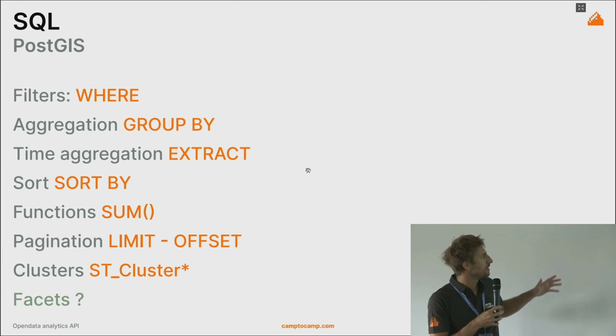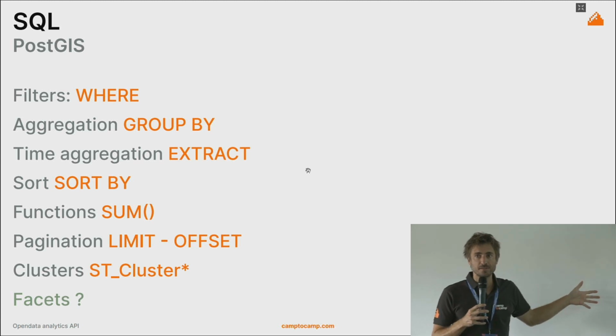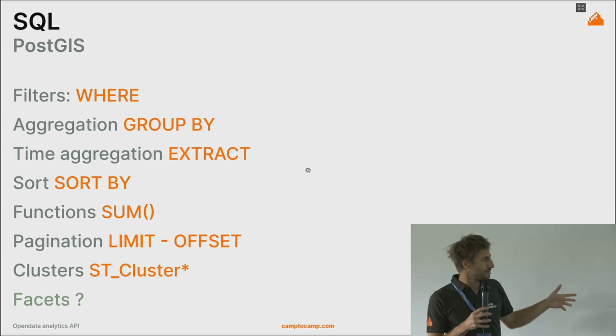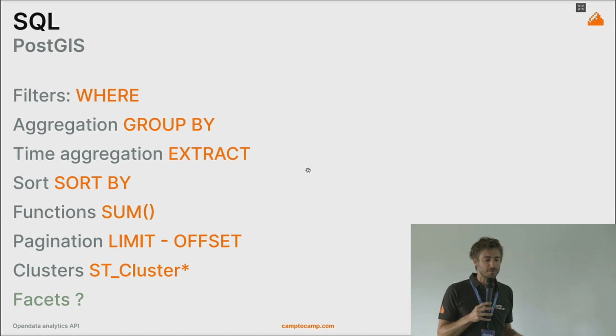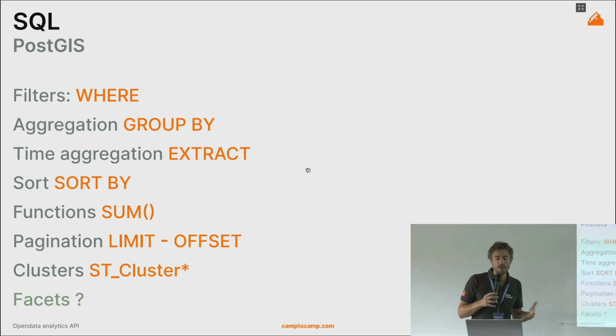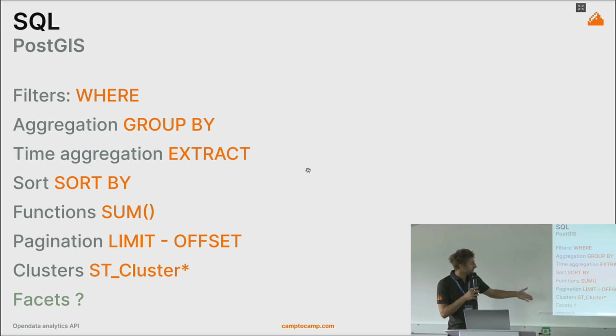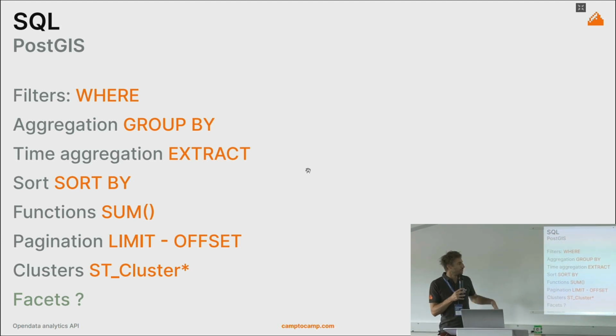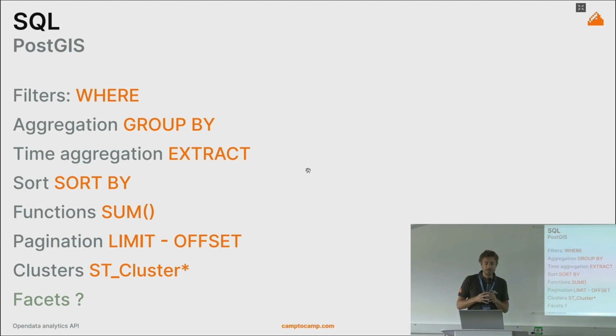So for instance, here is the list of the use cases that we want to address, and there is always a function or a keyword in SQL that addresses that. For the facet, for instance, we would have to make one request per field that you want the facet for, with a sum operation and an aggregation, to know how many data and features we have for this field.